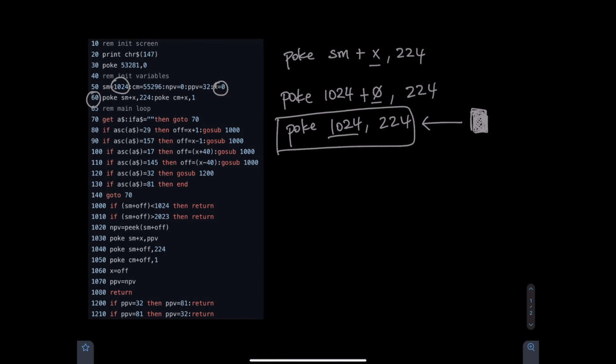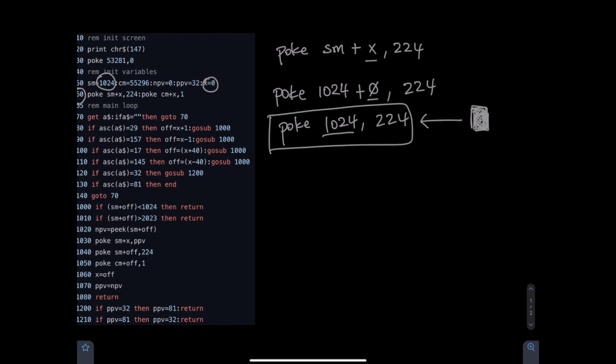Imagine that in the future I want to move the memory location of that area of the screen, because we can do that, and also move the initial point of that screen memory somewhere else. So I don't have to change everywhere where there is a 1024. I can just change the value SM.